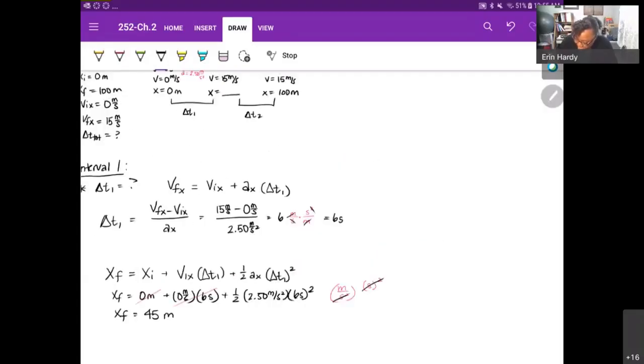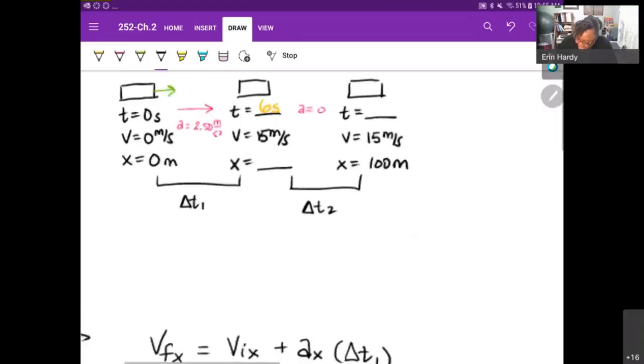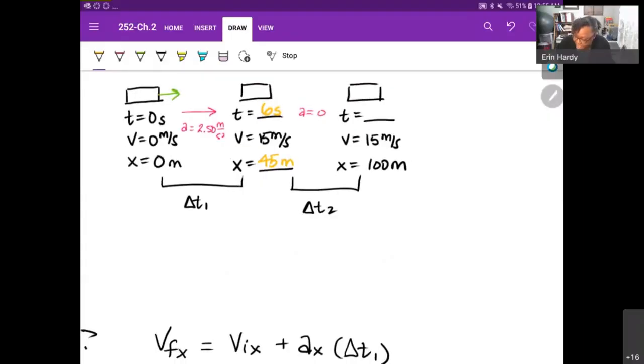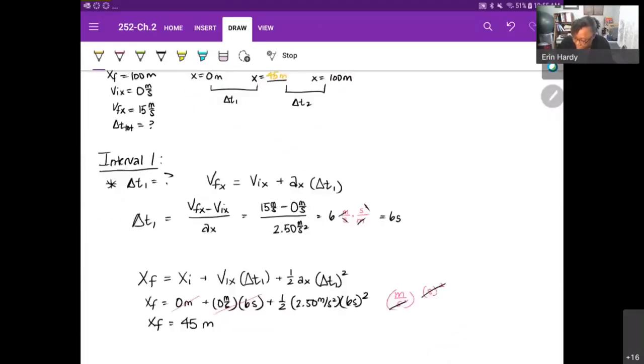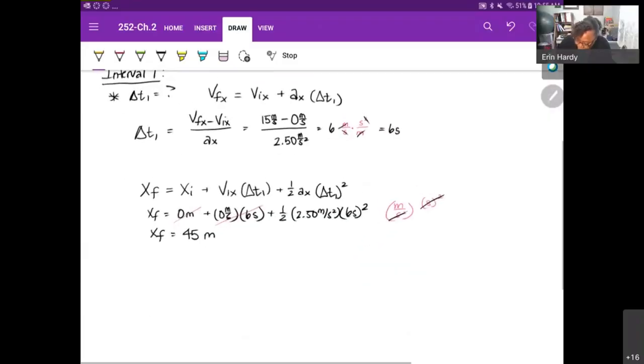So this tells us that at t is equal to 6, the sprinter is almost halfway through, 45 meters through the race. So we know now that the second interval is just going to encompass the remaining 55 meters. And we know that the acceleration is 0, so the velocity is going to be consistent. We can just solve for delta T2.